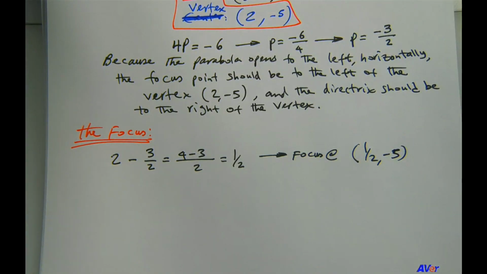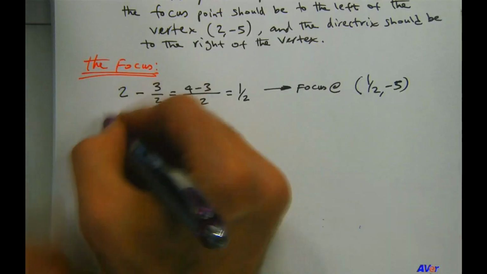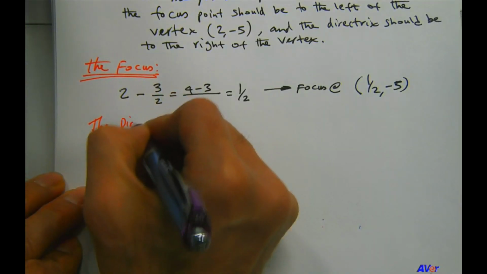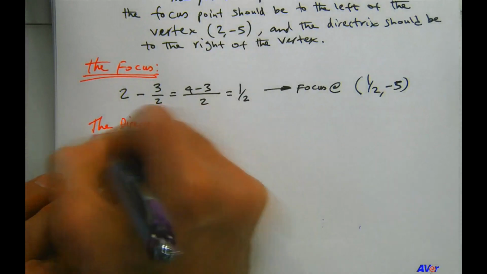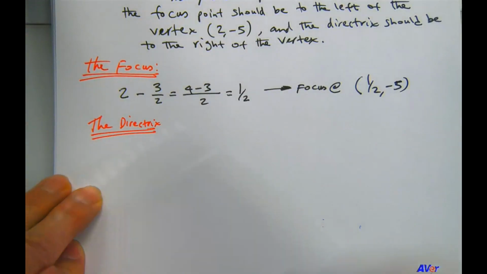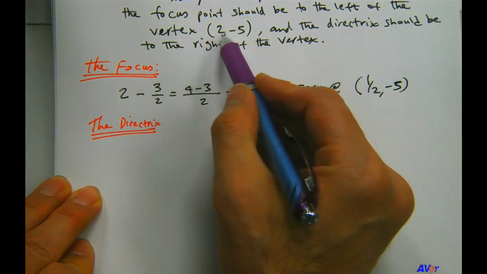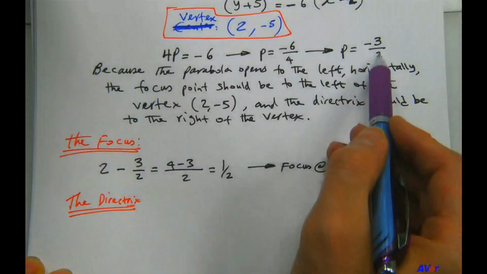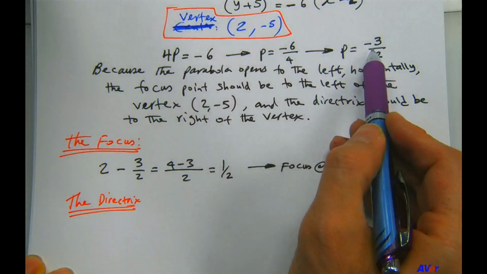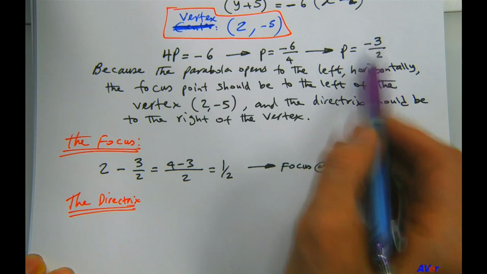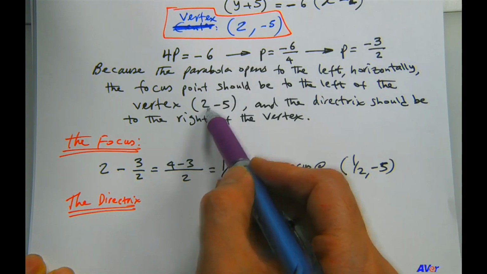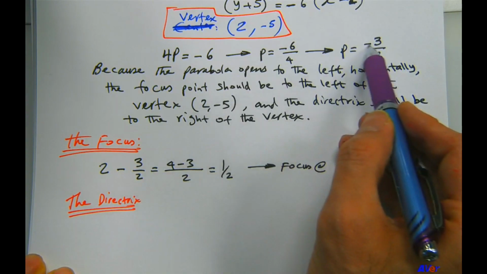Now the directrix. The directrix is on the opposite side of the vertex, right? So to be on the right of this point, we need to add 3/2 to it. So think of this as a distance measure that has to be added to this. So don't think of it as a negative.